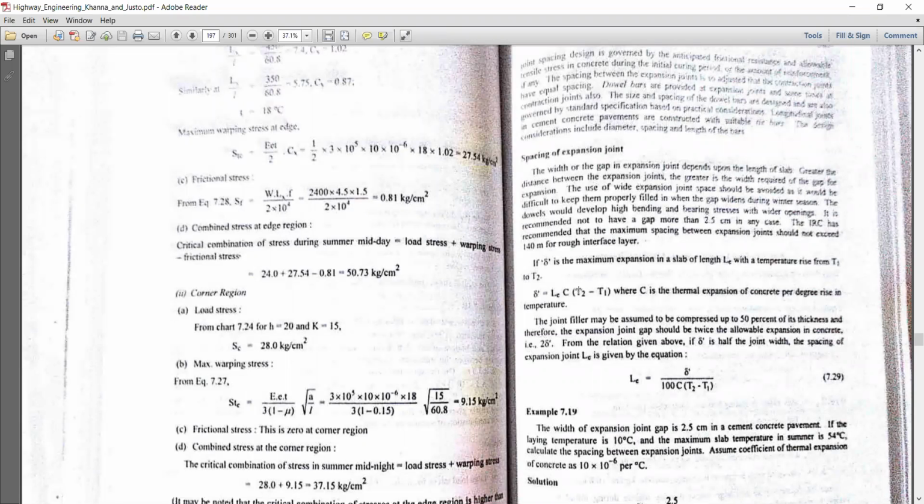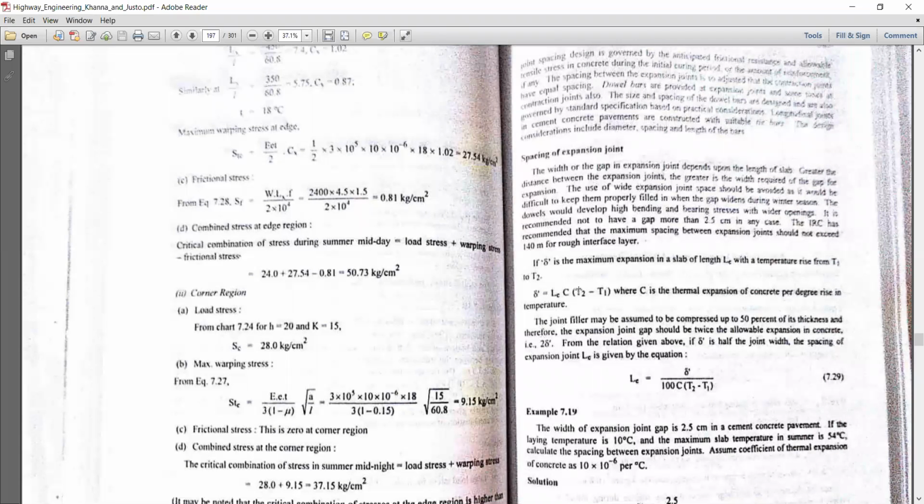Let us consider that delta is the maximum expansion in a slab of length L with a temperature rise from T1 to T2. Then delta dash is equal to L into C into (T2 minus T1), where C is the thermal coefficient of cement concrete per degree rise in temperature, and T2 and T1 are the temperatures from lowest to highest.